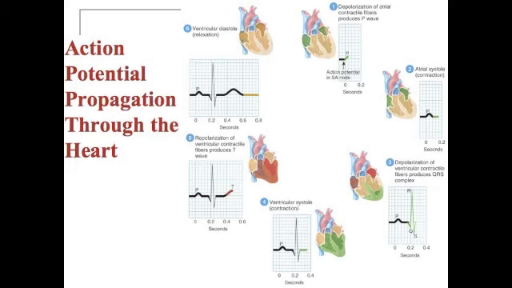At step 3, we get the depolarization of the ventricular contractile fibers producing a QRS complex. 4, the ventricular systole, contraction. 5, the repolarization of the ventricular contractile fibers produces what we call a T wave. And then 6, we get the ventricular diastole, and that's the relaxation of the heart.